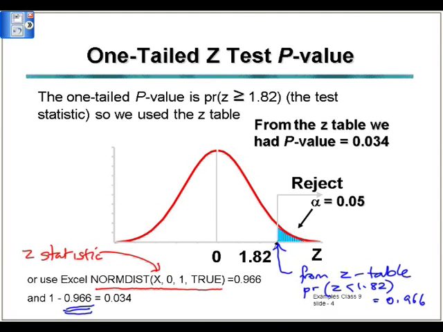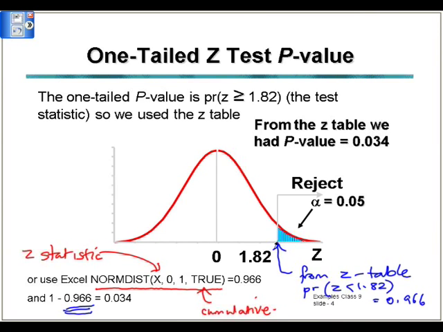And using true, of course, for a cumulative area from the left. Now, by now, you should be used to using that. You've done that a few times in the examples. And so, just to consolidate, we can use either the tables or Excel to calculate the p-value.